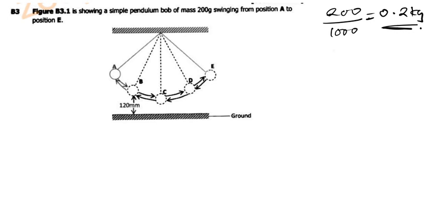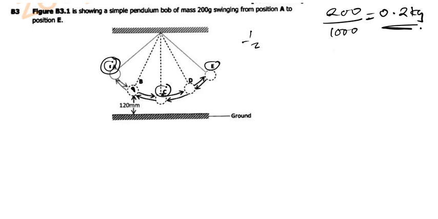From position A to E is half an oscillation. From position E back to A, again half. So that gives me one oscillation. Then from position A to C, that is 1/4 oscillation. From position A to B, that should be 1/8.